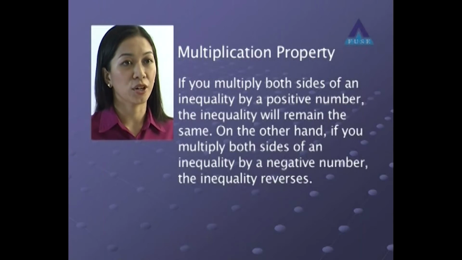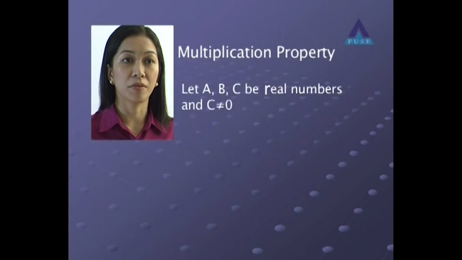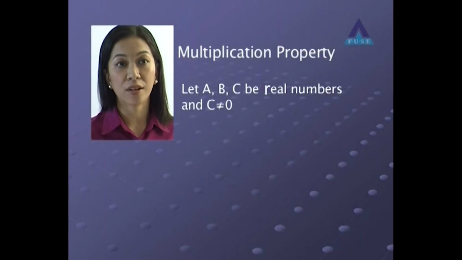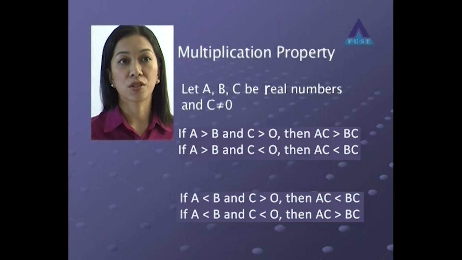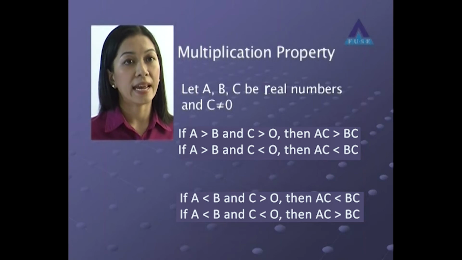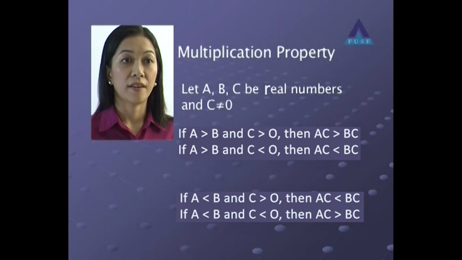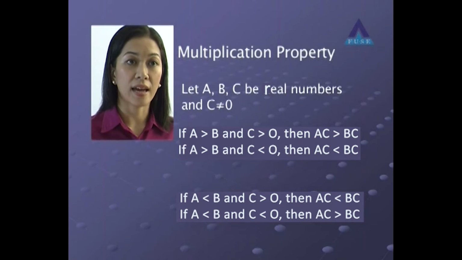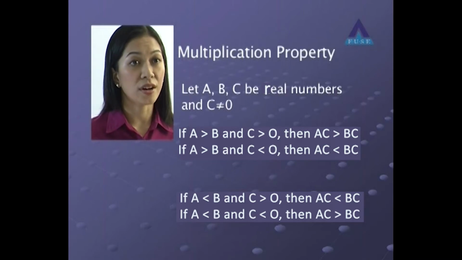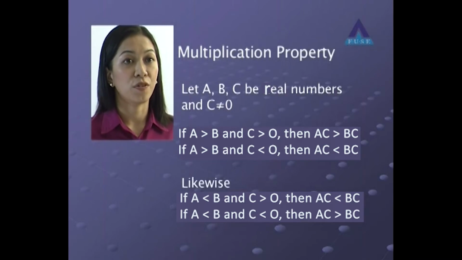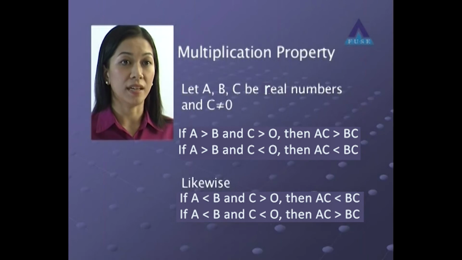In mathematical terms, given any three real numbers, a, b, and c, where c is not equal to 0, if a is greater than b, and c is greater than 0, then ac is greater than bc. Otherwise, if c is less than 0, ac is less than bc. Of course, the same is true if a is less than b.